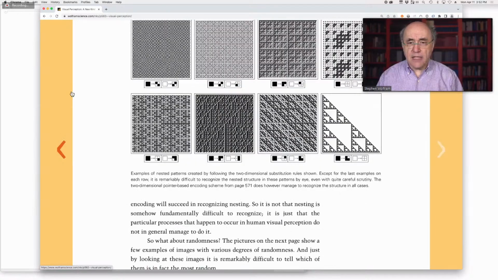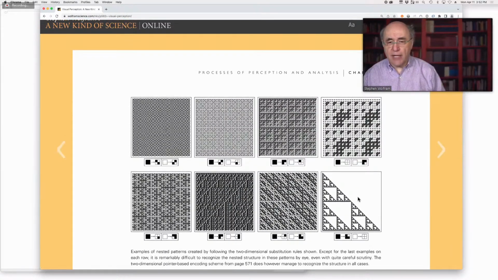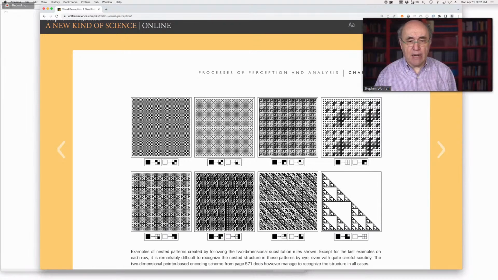When we get to nested patterns, sometimes we can easily recognize nested patterns. Other times, it's a little bit harder to recognize. That one is a perfect nested pattern, but yet it's a little harder to recognize. So when we have repetition, our visual system does a pretty good job of just saying that's a repeat. But when we have a nested pattern, our visual system sometimes will do very well, and sometimes will do quite poorly.